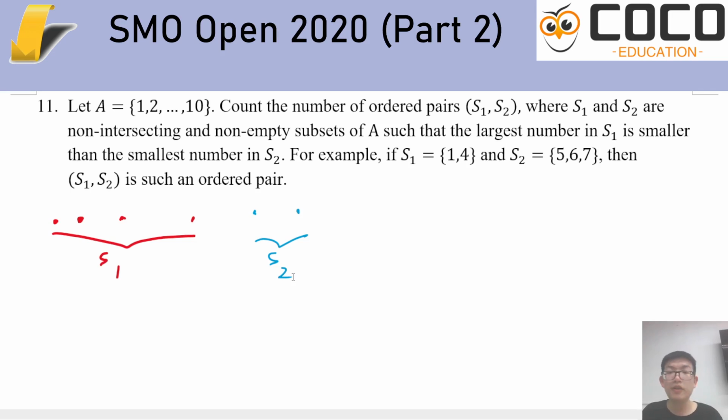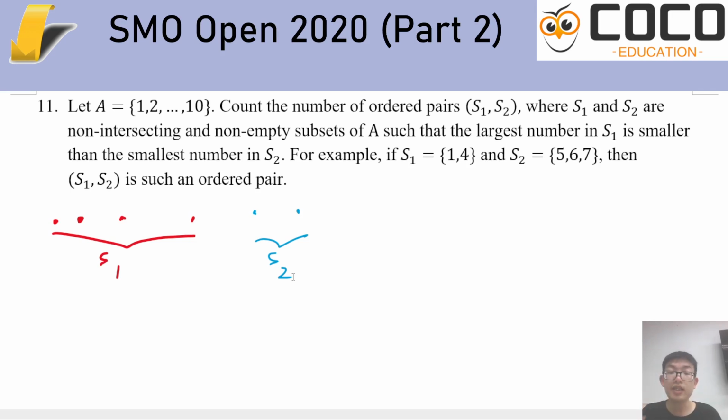Whenever we are asked to count a pair, or rather count how many ways there are to form a pair, our tendency is to go and try to form the first one and then the second one. That is sometimes a very good idea, but in this case, not such a good idea. Because if I've already decided on S1, then the number of ways to select S2 is not necessarily going to be something that is so easy to express.